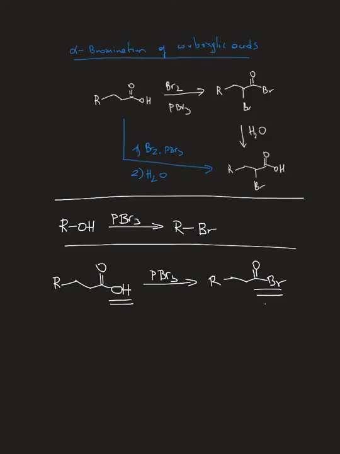Now this behaves like a ketone, so it can undergo an enolization reaction. So it will give this enol, which then reacts with the Br2 to give you the alpha bromo acyl bromide.